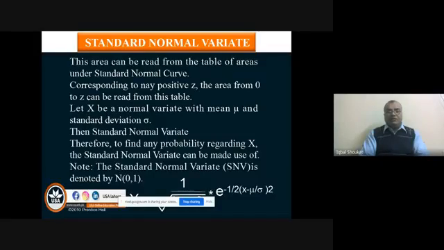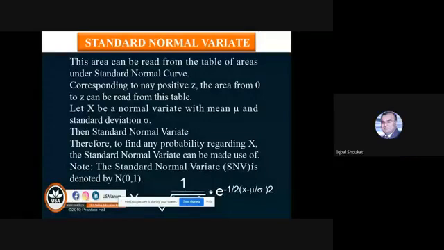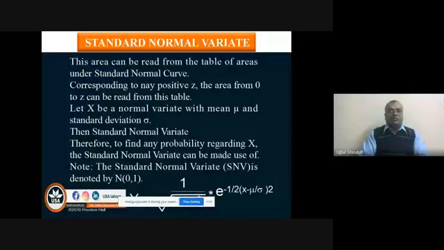A table would be there regarding the standard normal curve. We can say that there are two parameters of the normal distribution: the population mean mu and the population standard deviation sigma. Then, for any probability regarding x, the standard normal variate can be made use of.